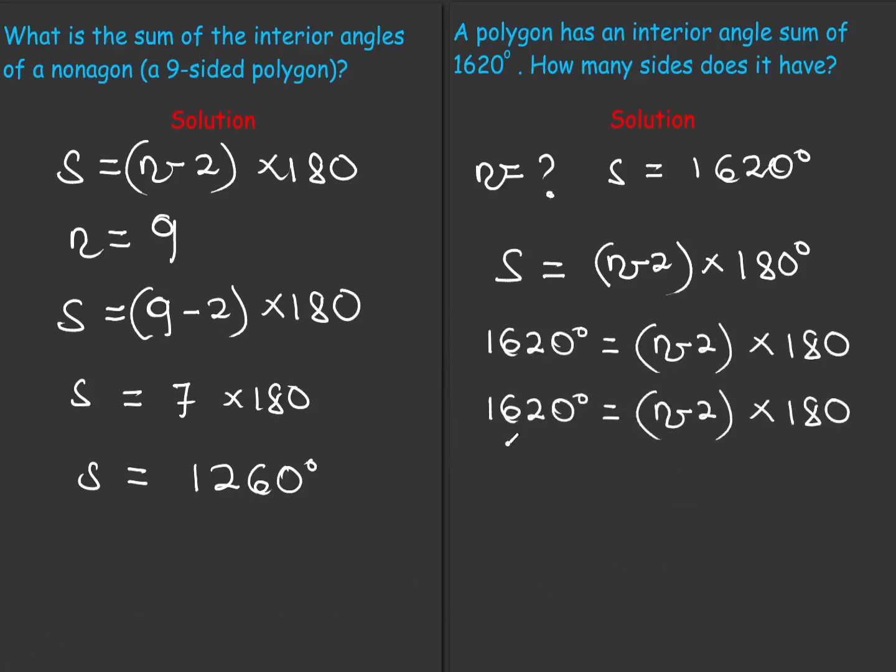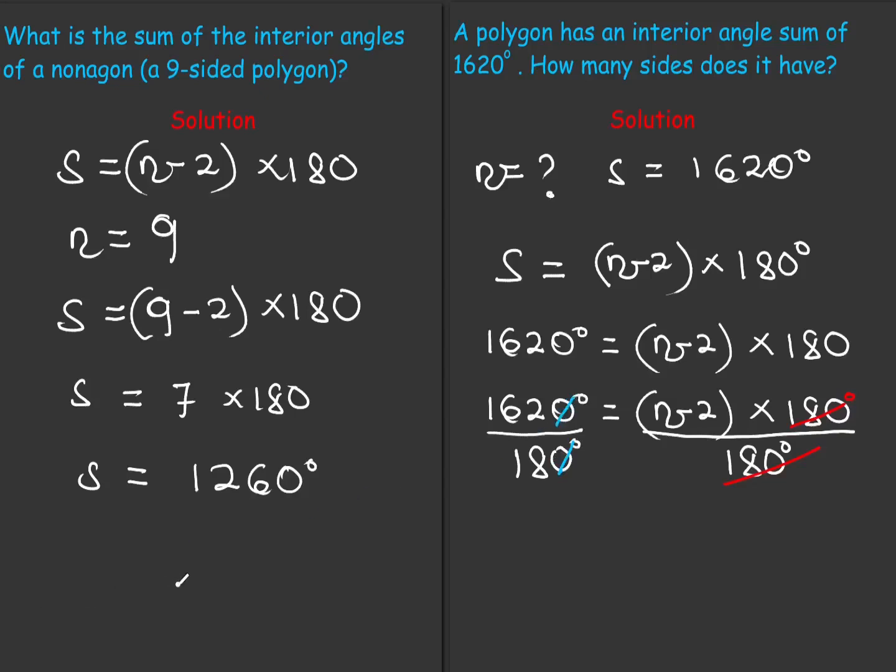I'm going to divide all this by 180 and also divide all this by 180 degrees. Then we can see our 180 cancels out our 180. And for this side, we choose to simplify. So first of all, I can just cancel out my zeros.